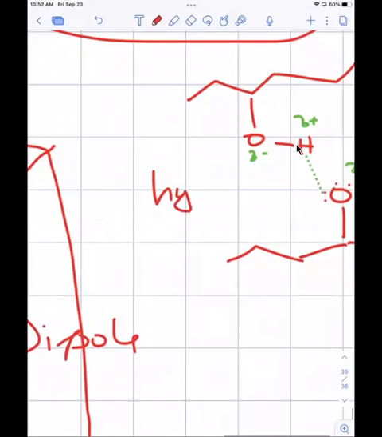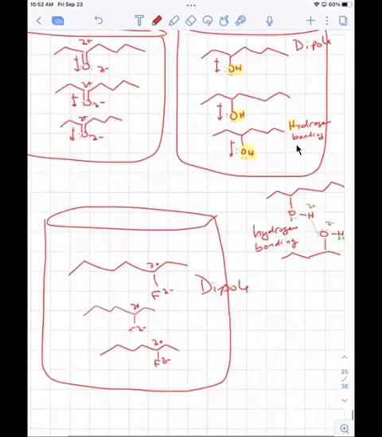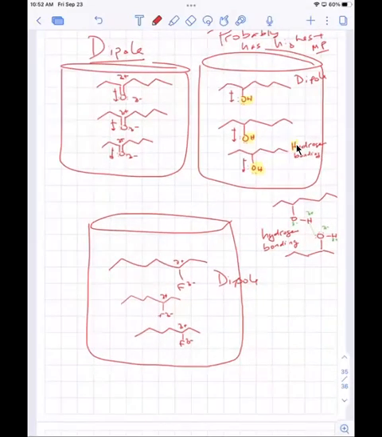And then if you had to compare to others, how would you compare those? What would you do? They both have dipoles. Which one, how could you tell which one has the strongest dipole? It would be like probably which one's the more electronegative or something, right? Excellent.